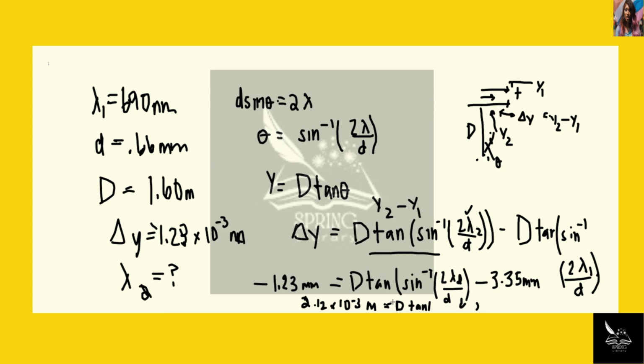So I'm just going to do out the algebra. Let's see, divide both sides by d. So 2.12 times 10 to the minus 3 divided by 1.6. And then we want to take the arctan of that.